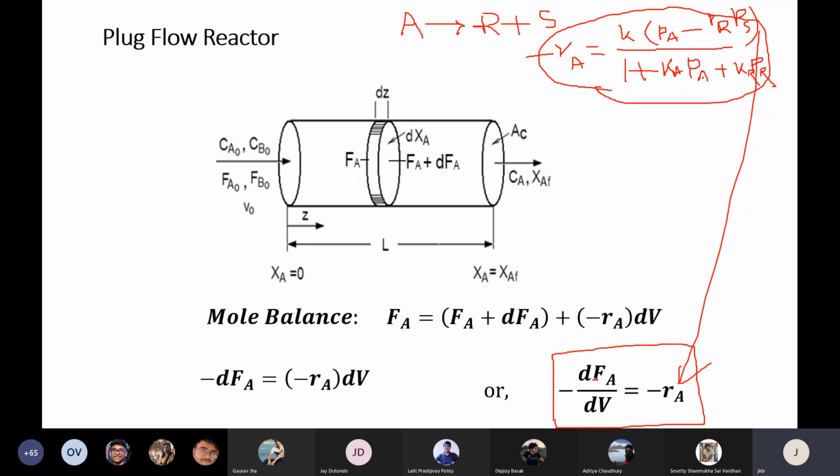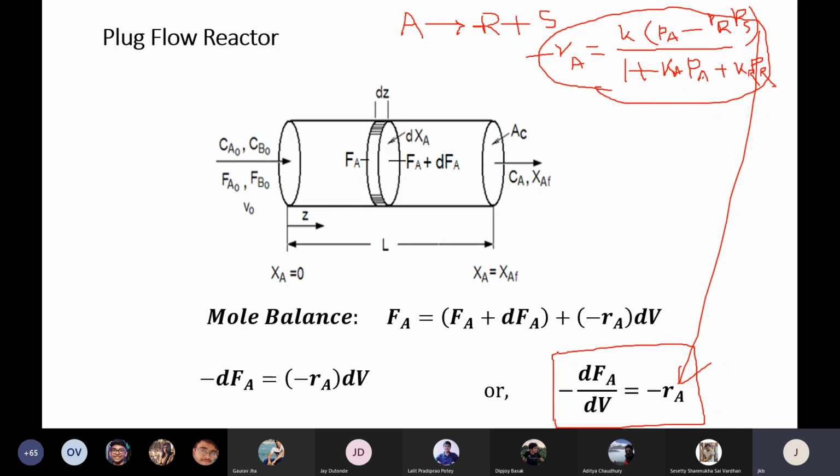Then this FA we can write in terms of conversion, and all of PA, PR, PS can be converted into conversion functions. If we write the conversion functions, then it can be solved using the Runge-Kutta method. This will be a first order differential equation whose initial conditions are known.